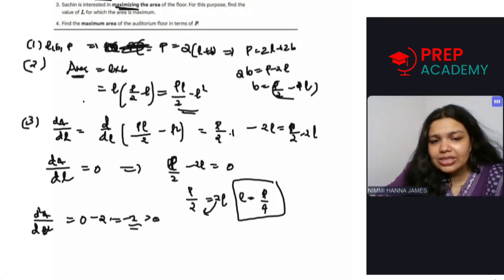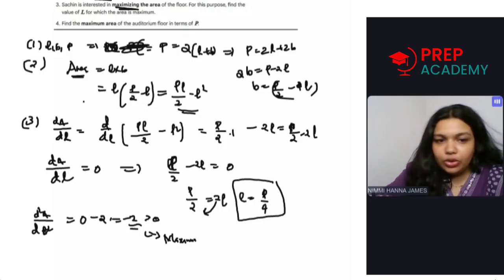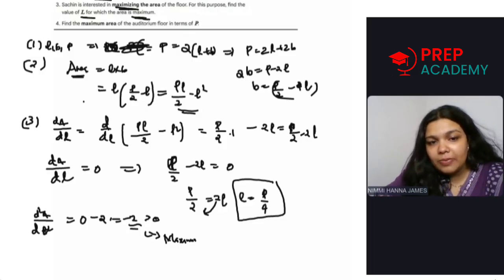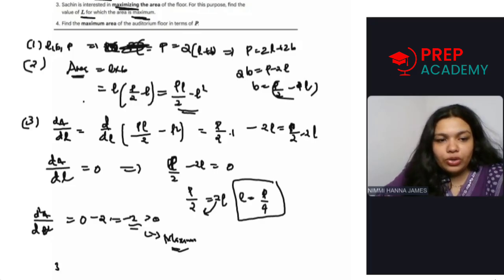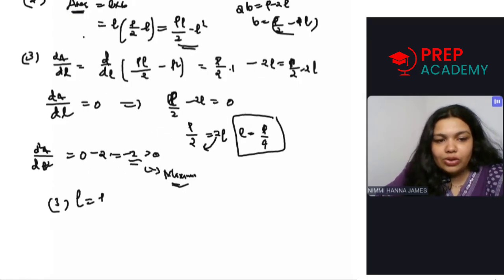Minus 2 is less than 0, which means it is a maximum value. So this critical point L is equal to P by 4 gives the maximum value for the area function. That is what we wanted to find. So for the third question, the answer is L is equal to P by 4.